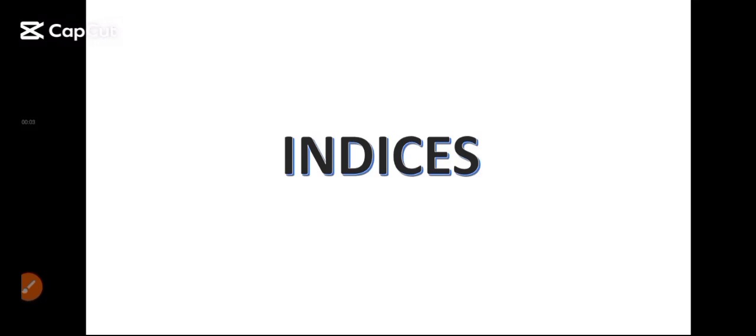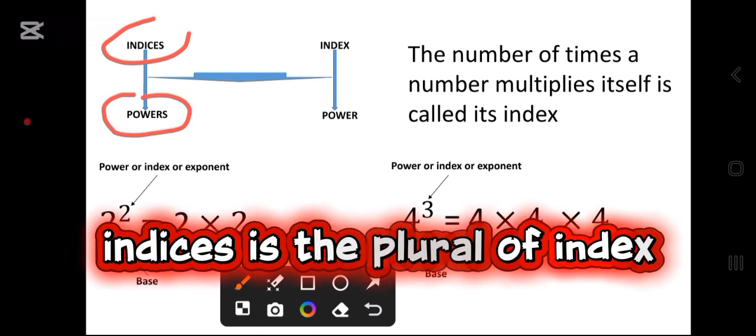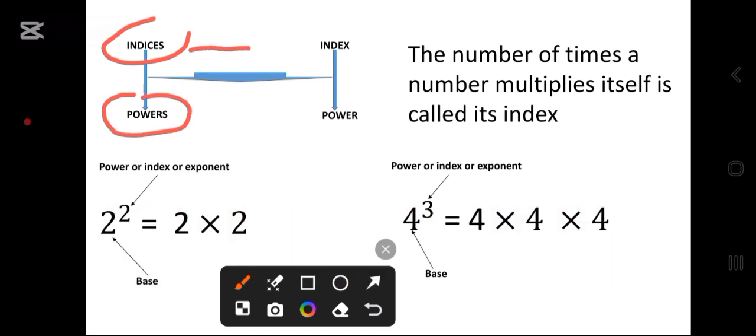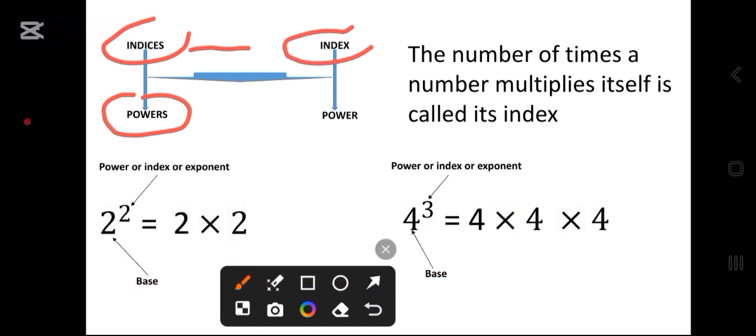We're talking about indices. Indices are also known as powers. Index is the number of times a number multiplies itself.